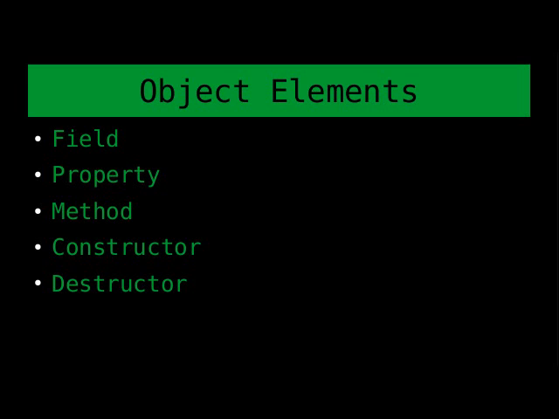But field is most common, closely followed by method. Now, a property, you can make up for that with a method. Certain languages do that. They just write methods to make up for the properties not being available.